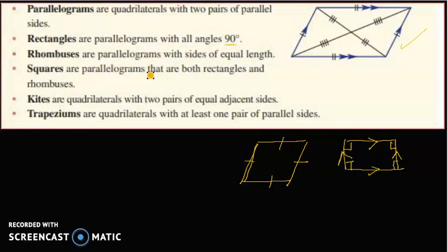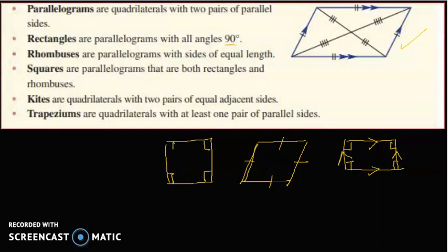Squares are parallelograms that are both rectangles and rhombuses. This is why it is called a rectangle, because its angles are 90 degrees.